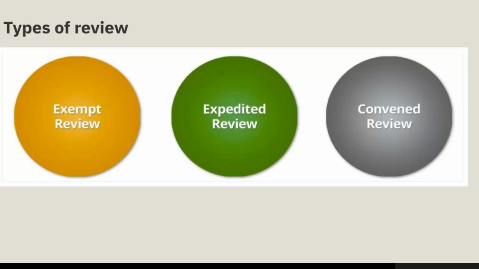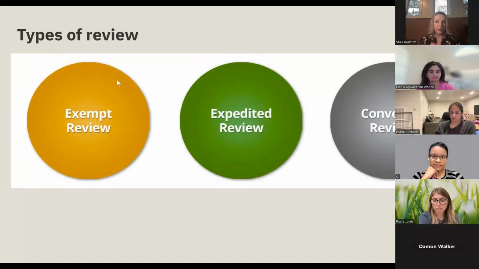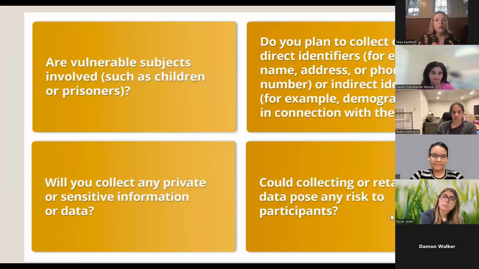And then the convened review is a full board review at their meeting, and that happens once a month. There's 3 levels. Exempt is the least invasive, and then convened is the most sensitive kinds of research.